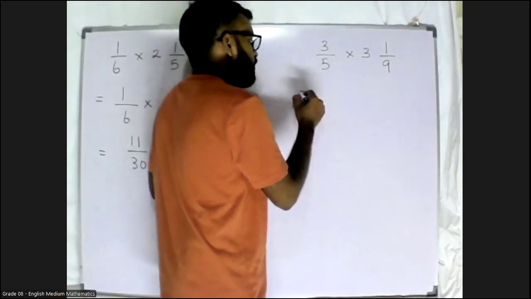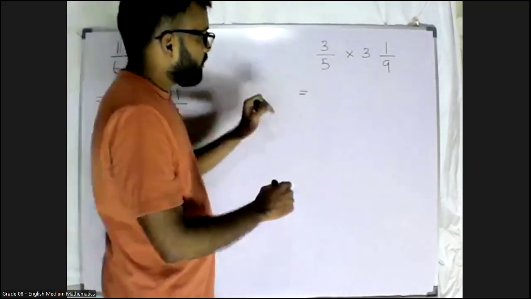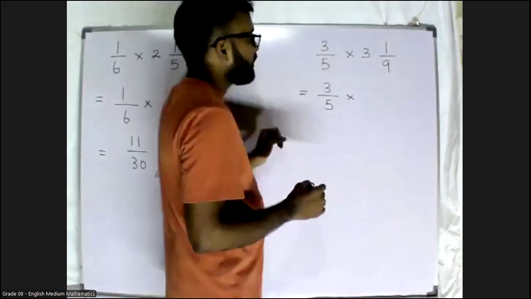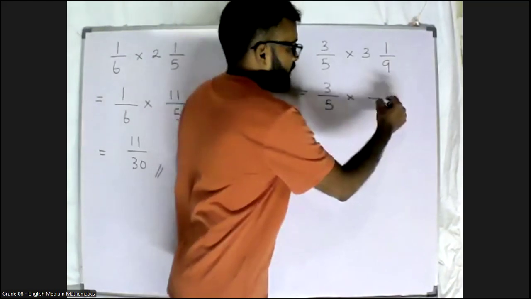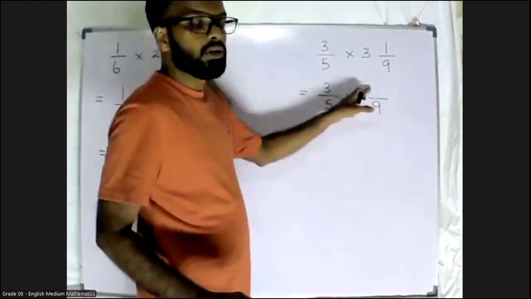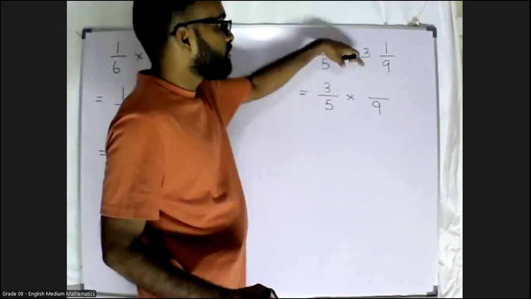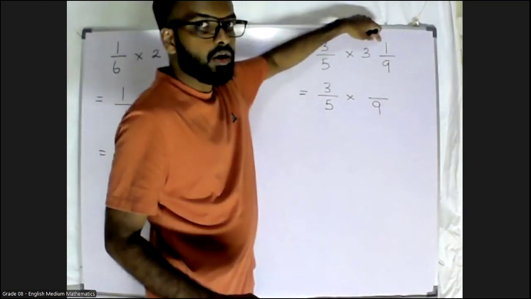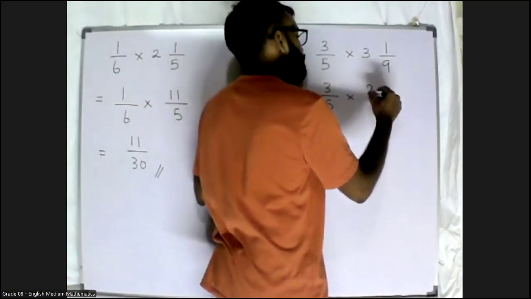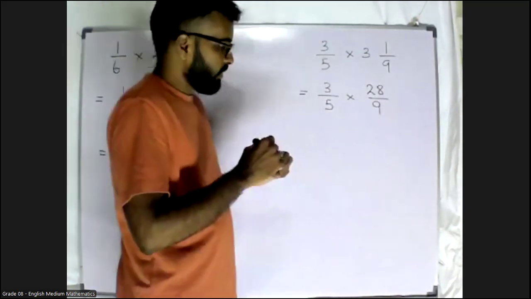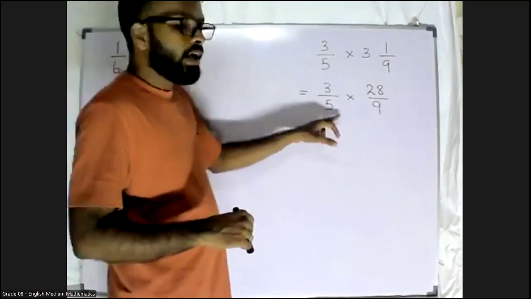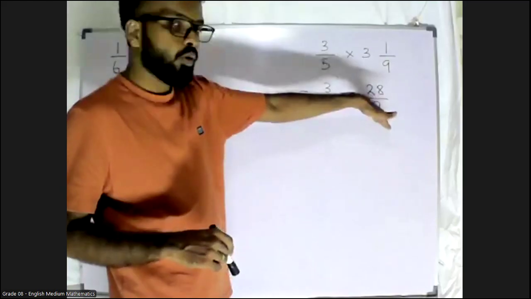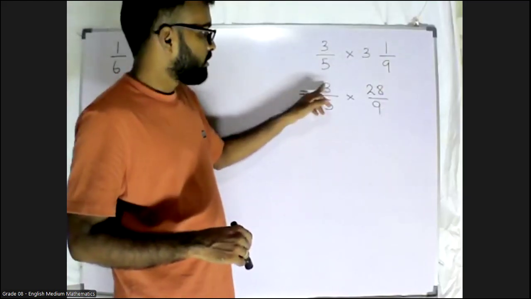Here, equal mark. 3 over 5 multiplied by the denominator 9. Now I put the numerator 9 times 3, 27. 27 plus 1, 28. Can you find any common factors to simplify in the numerator and the denominator? 3 and 5?